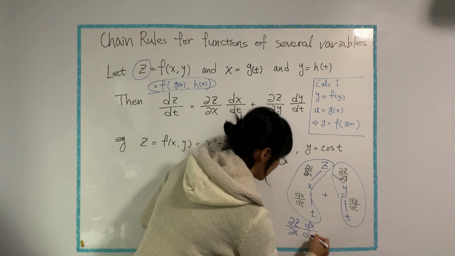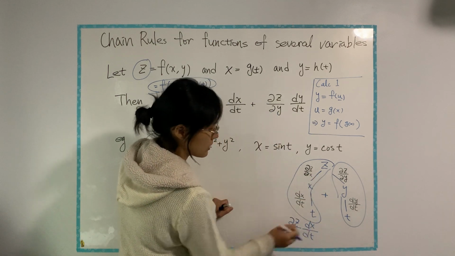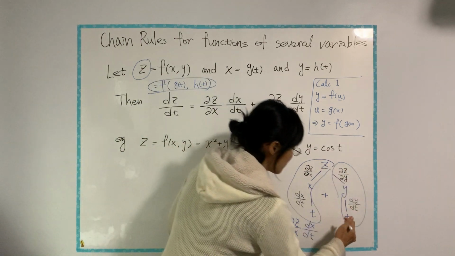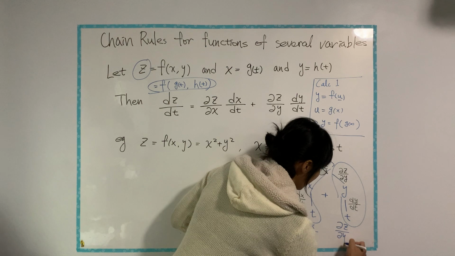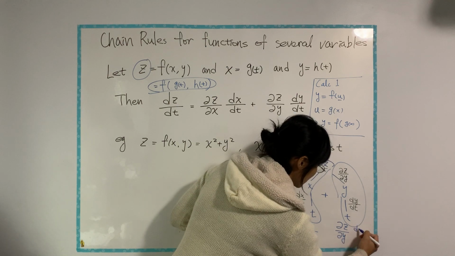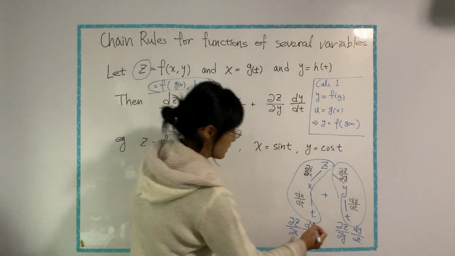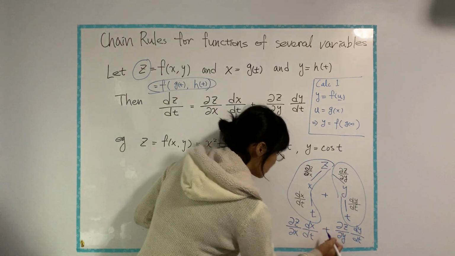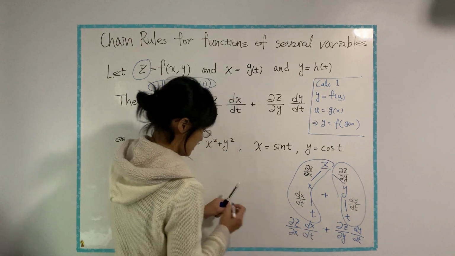So this is what you get. If it's along the same branch, you multiply them together. So over here you have dz/dy times dy/dt. Okay, so now the two different branches, so you add them together.